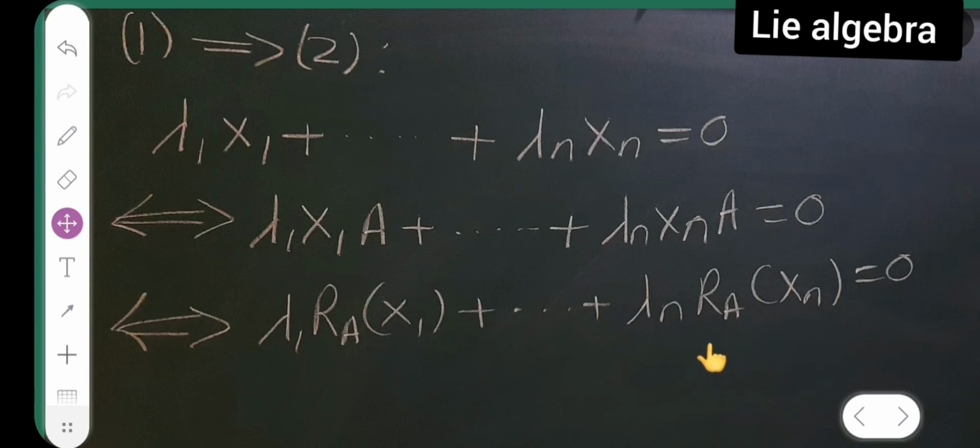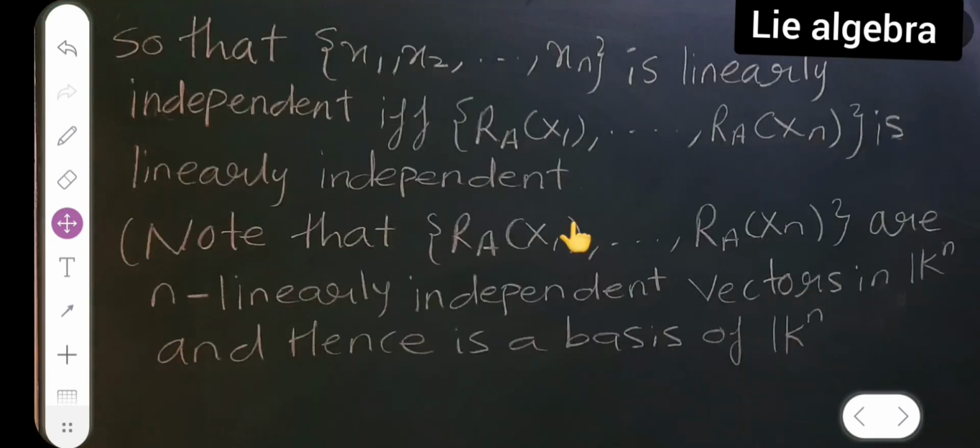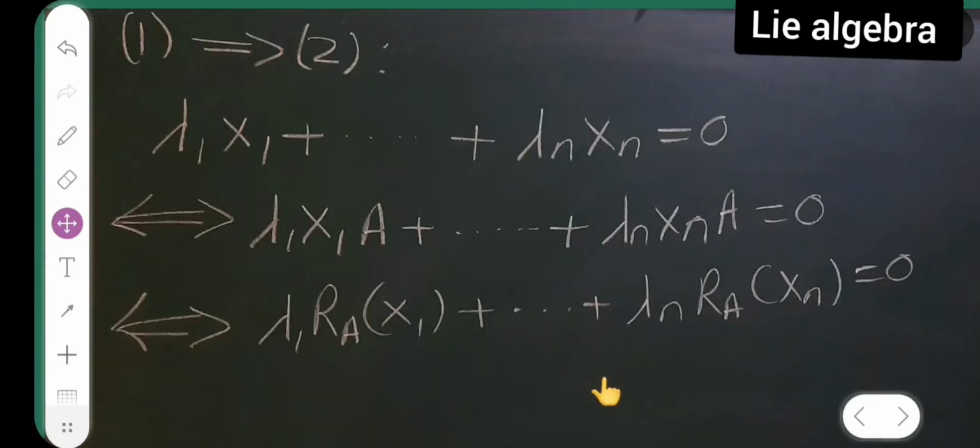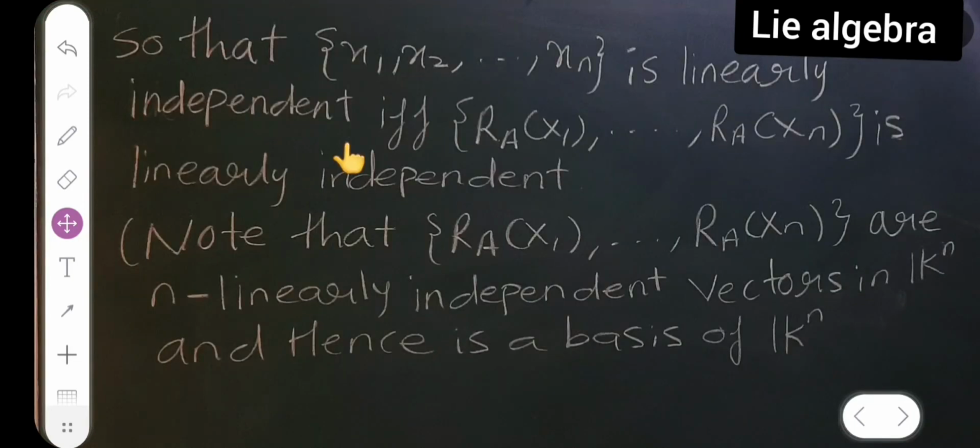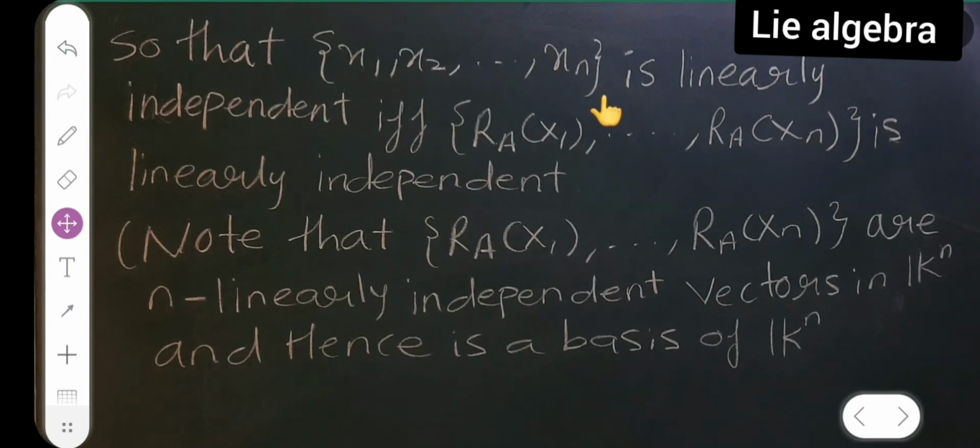After this step, what I am going to write is, so that x1, x2 up to xn is linearly independent if and only if Ra of x1 comma up to Ra of xn is linearly independent.